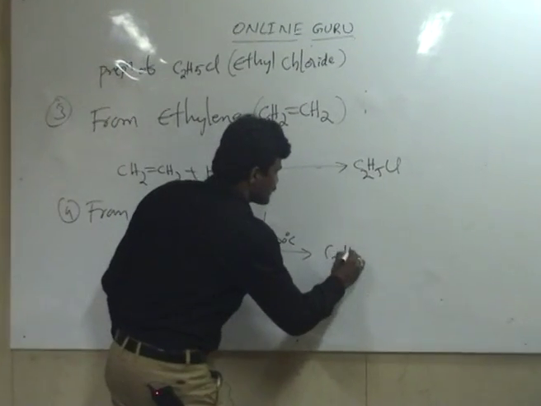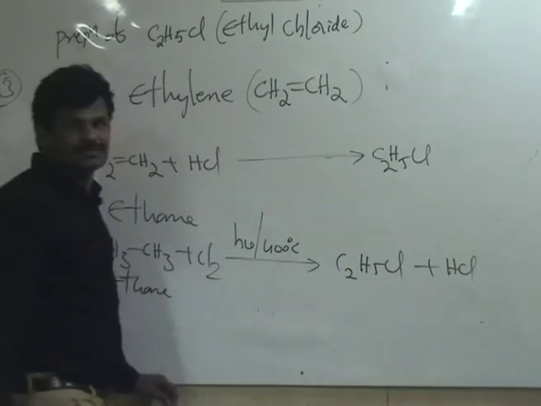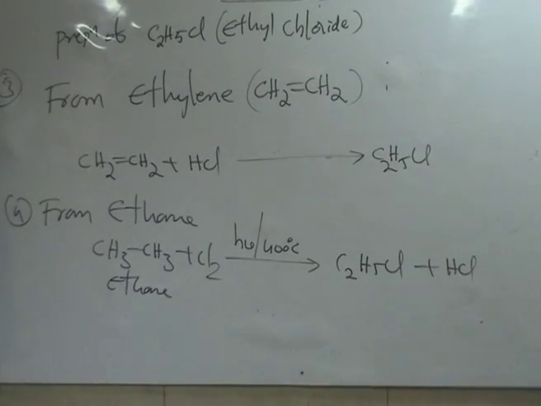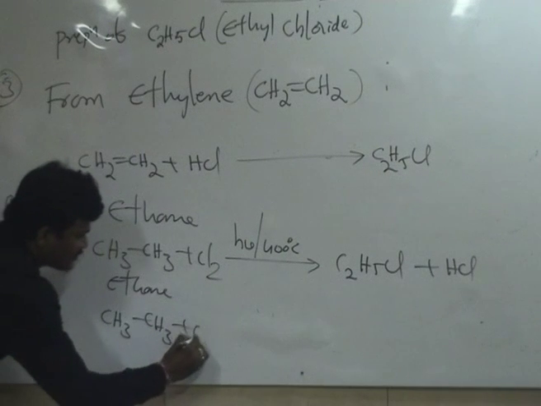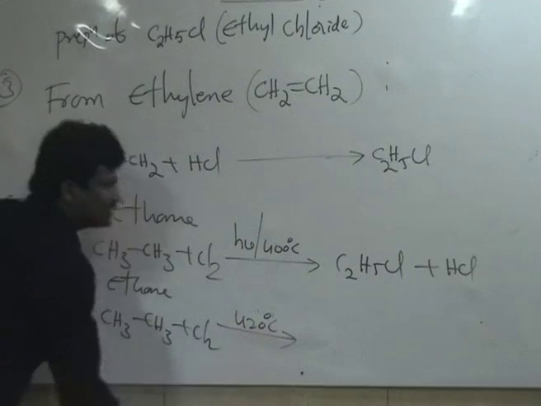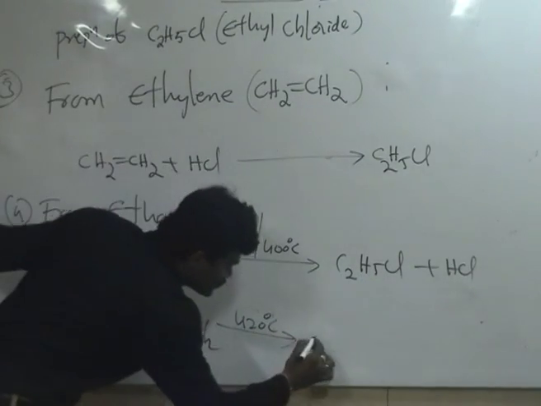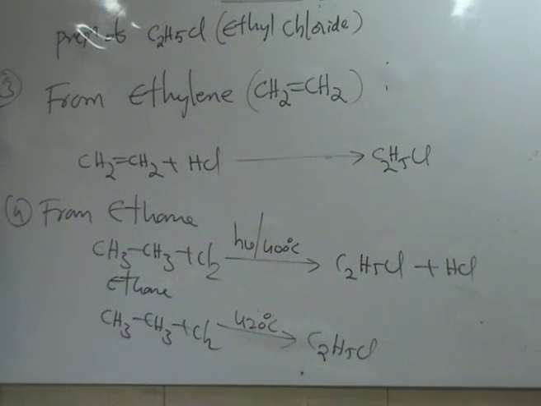It produces ethyl chloride and HCl. On a large scale, ethyl chloride can be prepared from ethane. Ethane reacts with chlorine at 420 degrees centigrade, and a large amount of ethyl chloride is obtained.